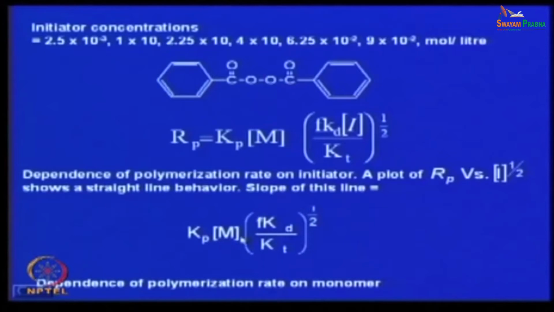Or if you know this F, Kd, Kt, M, then you can evaluate this Kp. So, this is the way, by just measuring the rate of polymerization, and if some other parameters are known, some unknown parameter can be calculated from this polymerization.